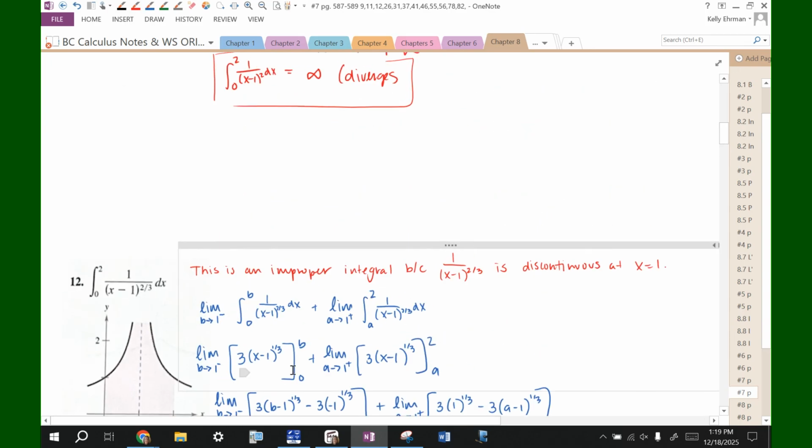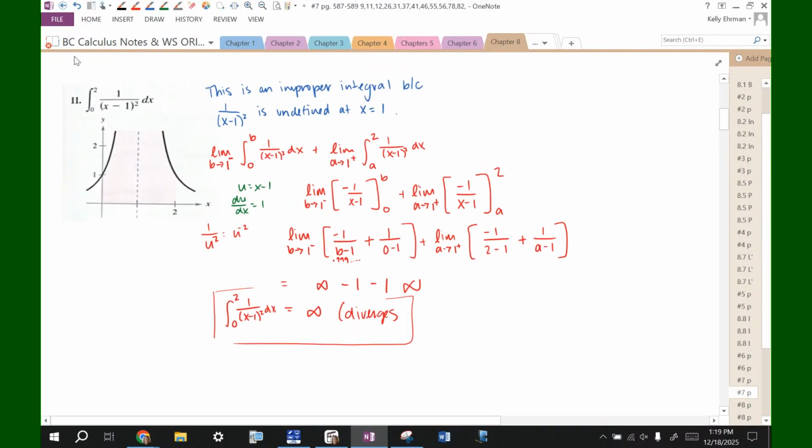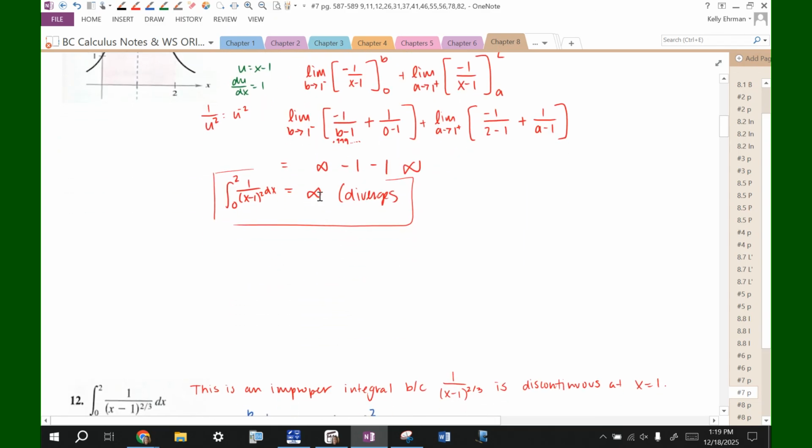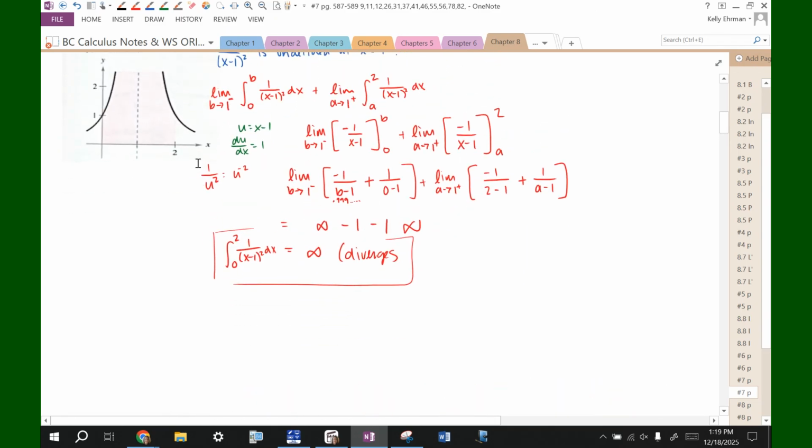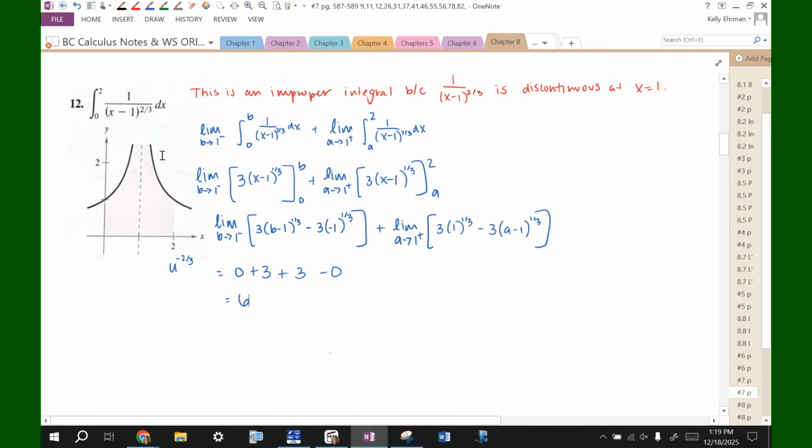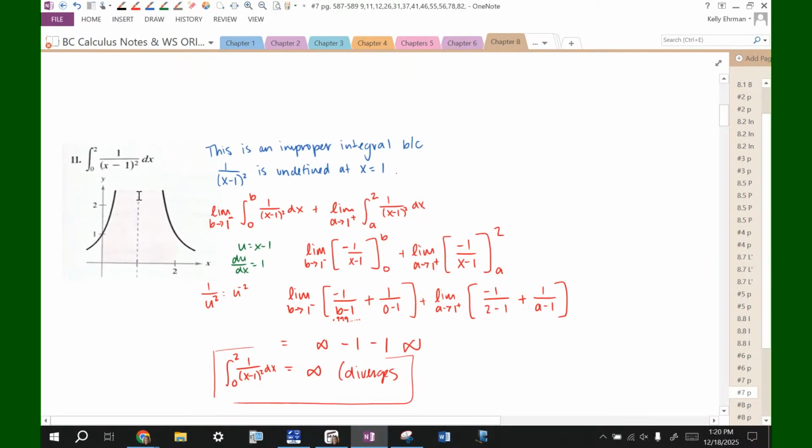So interesting. Let's just go back. When we had 1 over x minus 1 squared, that higher exponent meant that we had something that diverged. When I have 1 over x minus 1 to the 2/3, a smaller exponent down there, it looks like the graph is approaching its vertical asymptote faster than it was here.